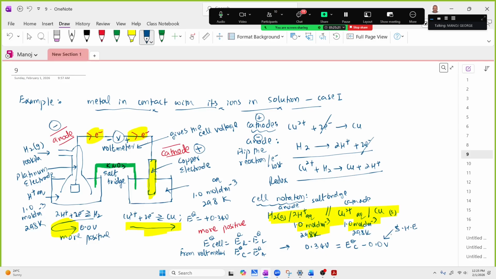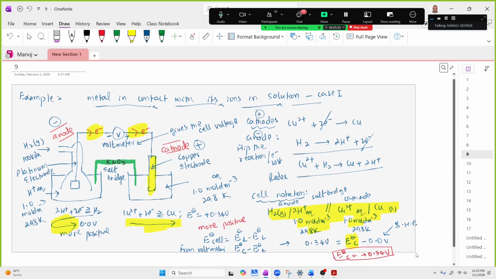Because SHE is 0, and all I have to do now is to figure this value out. So when I figure this value out, I get E° cathode equals positive 0.34 V, and that is how this value got pasted in the data sheet. I'm just trying to explain to you how each of those values came. Okay, so I'm done with case 1, and I'm waiting for you to have any questions for me.